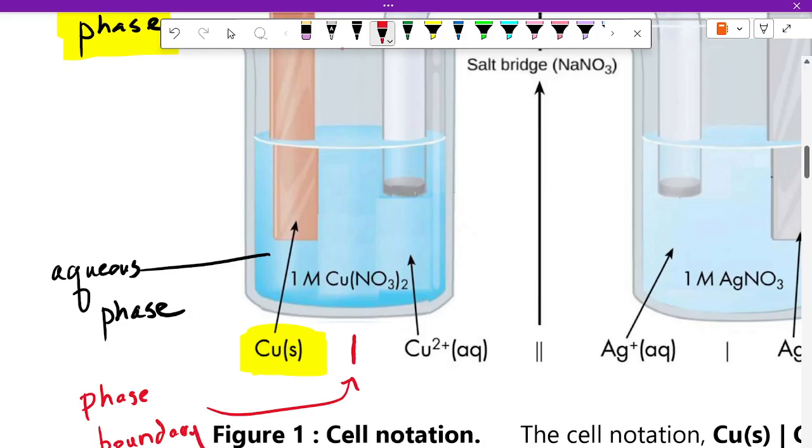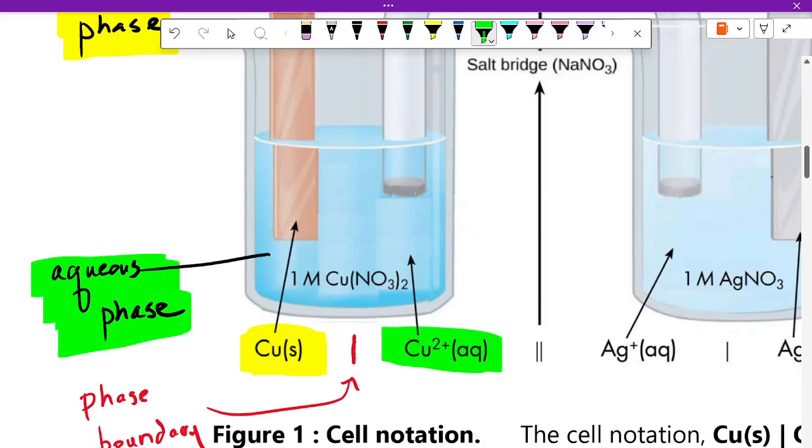And then our other phase, we don't worry about the nitrate ion. We only write down the ion of interest. Okay, so we don't care about the nitrate. We only care about the copper 2+. Does that make sense? Okay. So we would have our aqueous phase here.